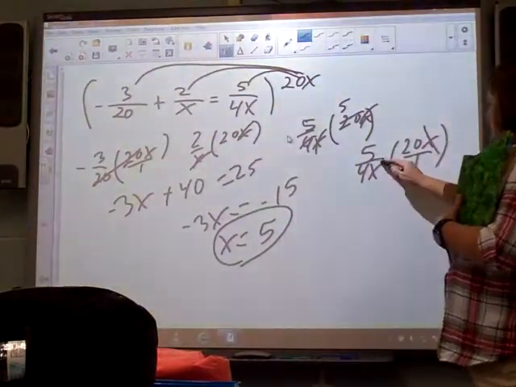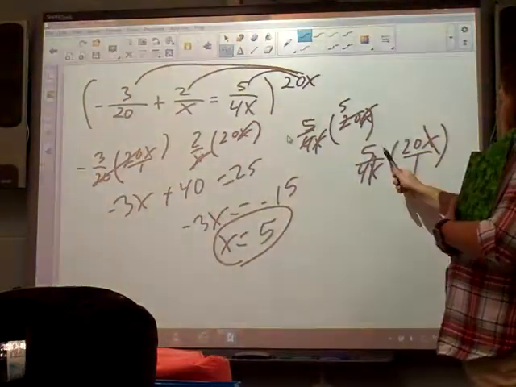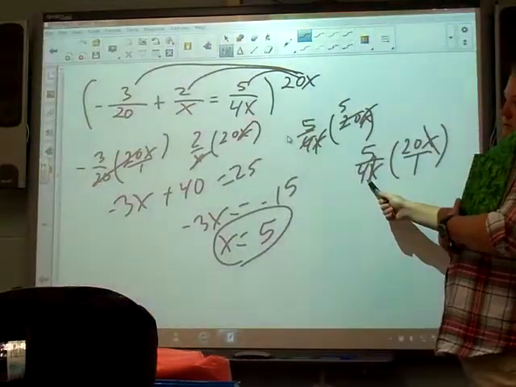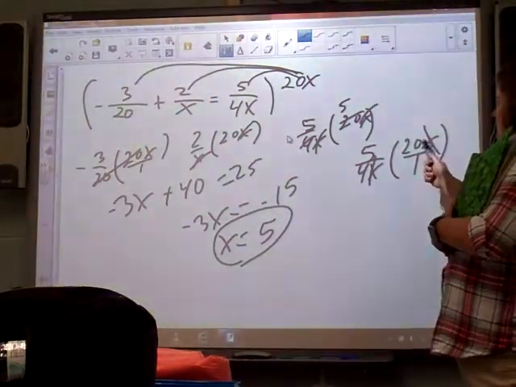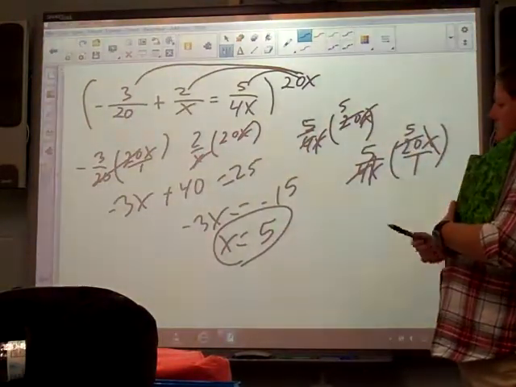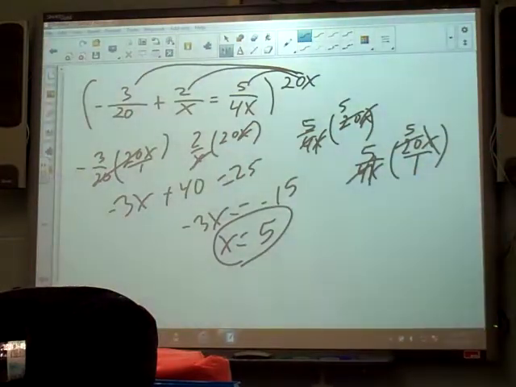So the x's were out. So what you could do here is say 5 times 20 is 100, and then 100 over 4. You could do that. That would get you the same thing. But we said 20 over 4 is 5. And then we had the 5 plus 5. It has to be top and bottom. I said it wrong, but you knew what I meant.